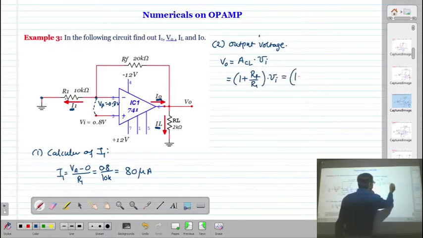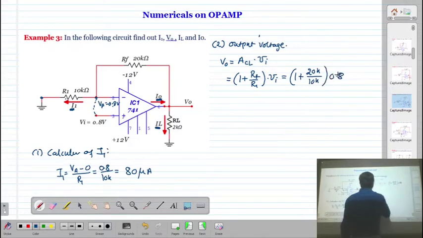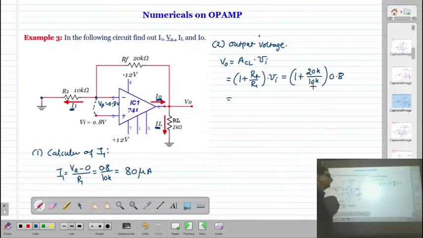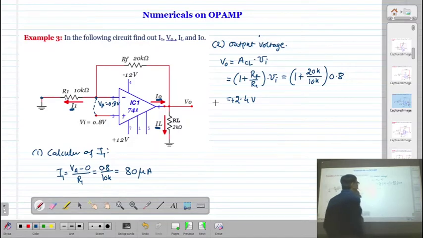That is equal to 1 plus RF, which is 20 kilo ohm, by R1, which is 10 kilo ohm, and the input voltage is 0.8 volt. So here we have 20 divided by 10, so 2 plus 1, 3, multiplied by 0.8, so 2.4 volt. 2.4 volt will be the output voltage. Remember, this is the positive voltage.